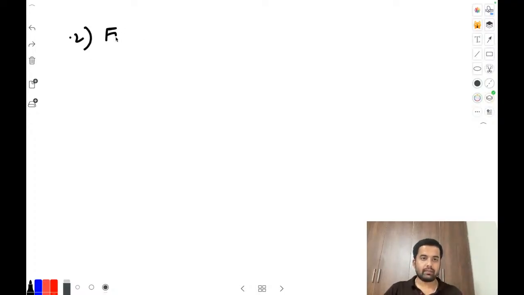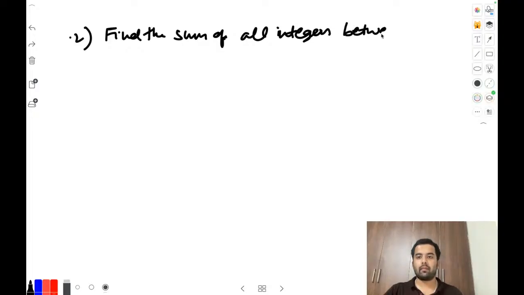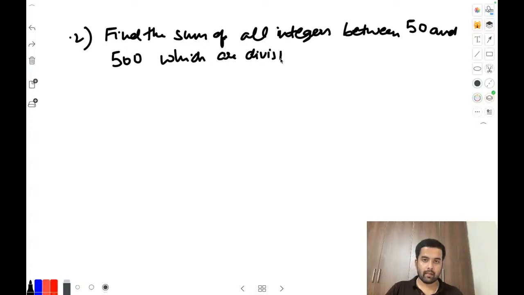Find the sum of all integers between 50 and 500 which are divisible by 7.